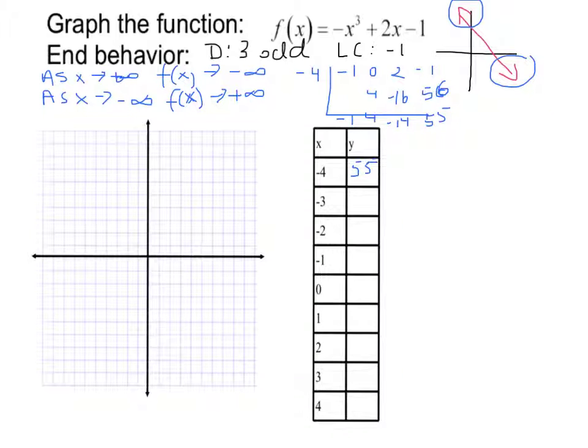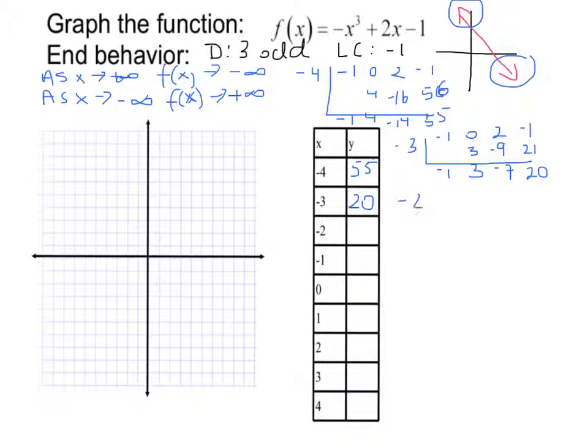Then I do the second one, -3. I have -1, 0, 2, -1. I get 3, -9, -7, and 21, and the function value will be positive 20.